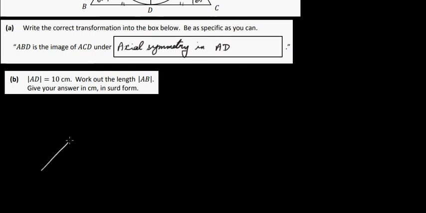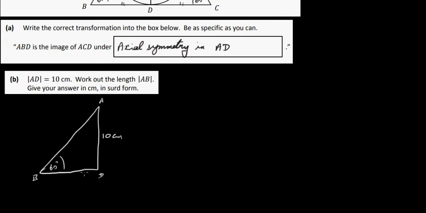So we've got a right angle triangle here. We've got A here, we've got D here, and we've got B here. We know that because the triangle ABC is an equilateral triangle, we know that this is 60 degrees. We're told that AD is 10 centimeters, and we've got to work out the length of AB.